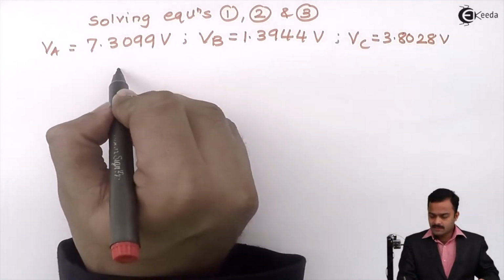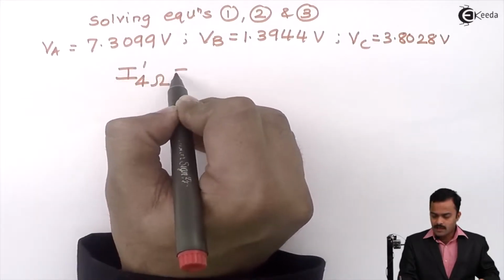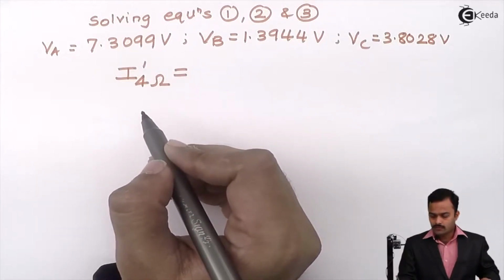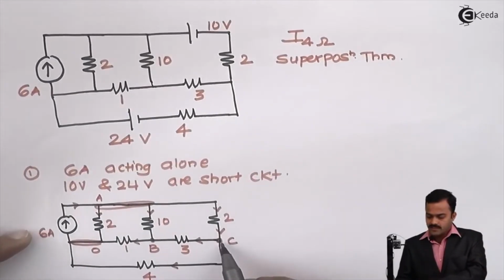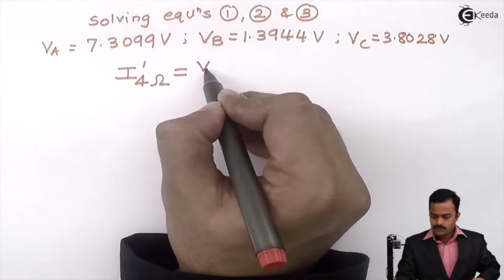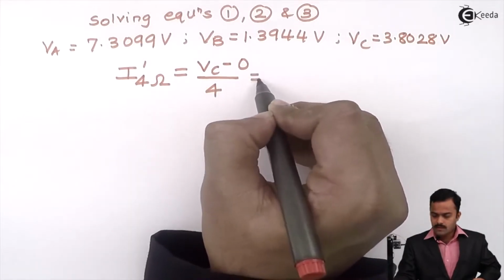Objective is to get current flowing through 4 ohm resistance. So I will mention here I dash 4 ohm because it is only 6 ampere acting alone. So for 4 ohm, the equation I have written VC minus 0 divided by 4.